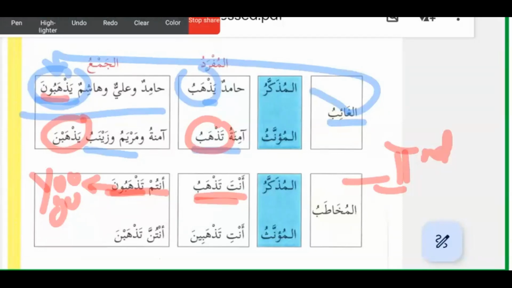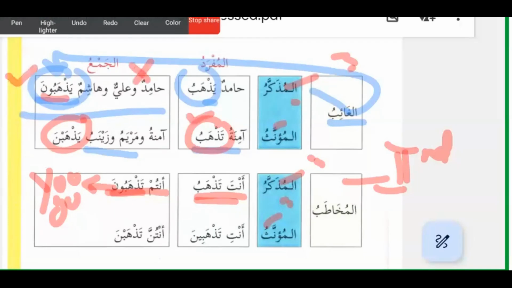Now coming on to the muannas: anti tazhabina and antunna tazhabna. In this, as I told, for ghaib we have muzakkar 3, muannas 3. For mukhatab, muzakkar 3 and muannas 3. Like yazhabu, yazhabani is not mentioned here; yazhabuna is mentioned.